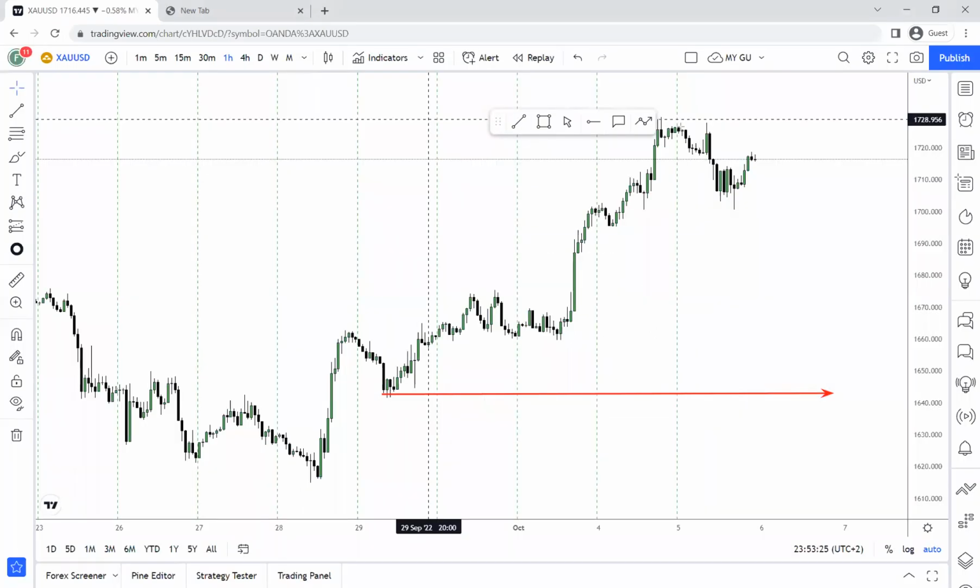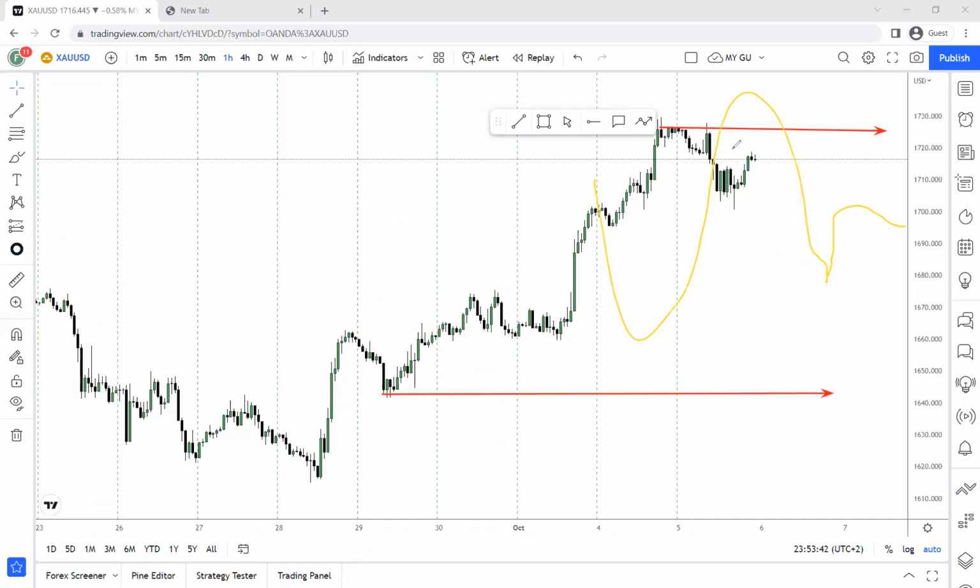A high, right? We have a high. There we go. So market can do whatever it wants in this area, right? As long as it doesn't break the high and the low, that is all 4, right?